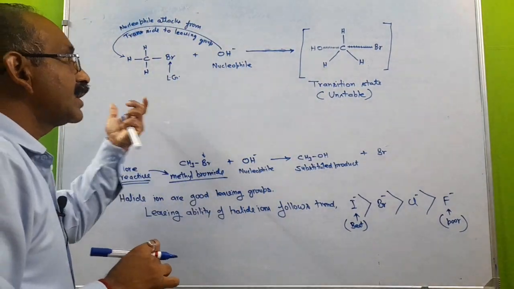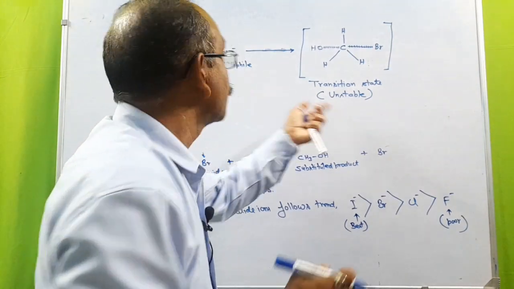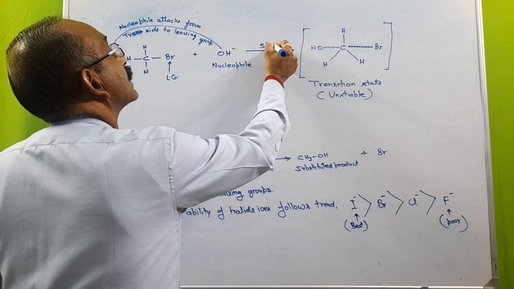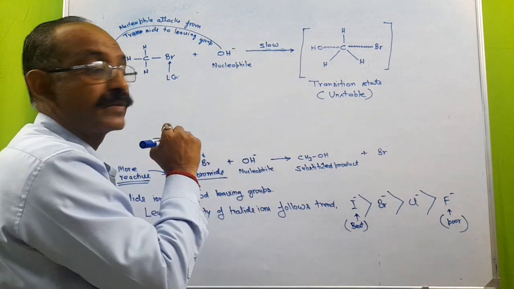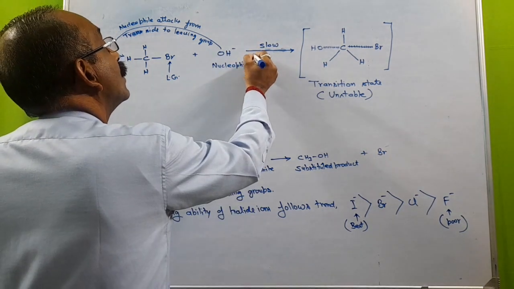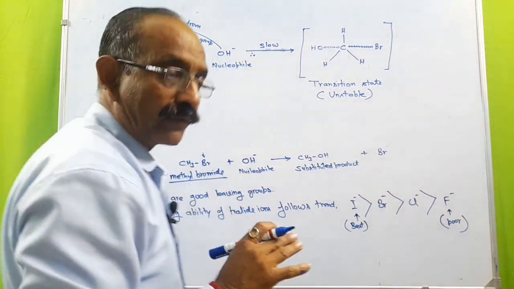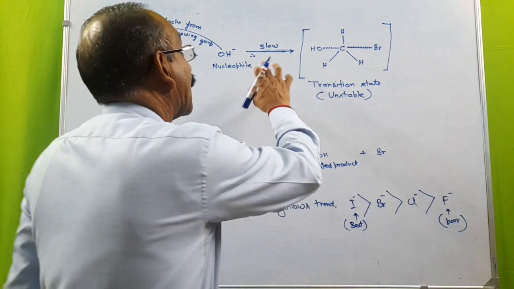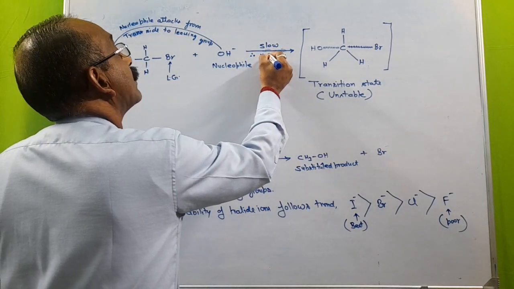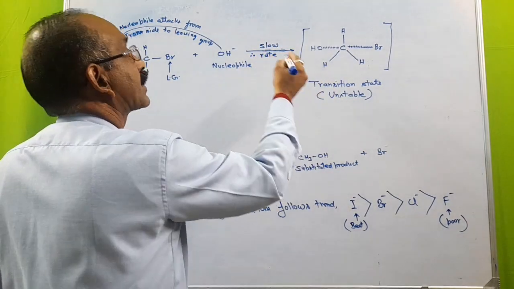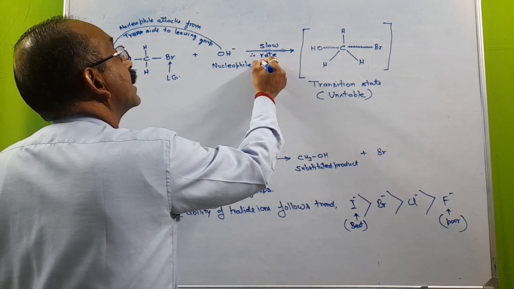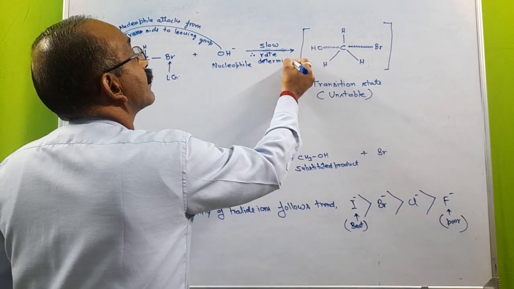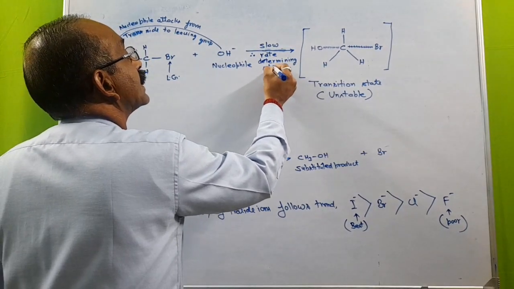Now, the formation of the transition state is a slower step. And because it is slow, and as we know the rate of a reaction is determined by the slower step, the formation of the transition state is the rate determining step.